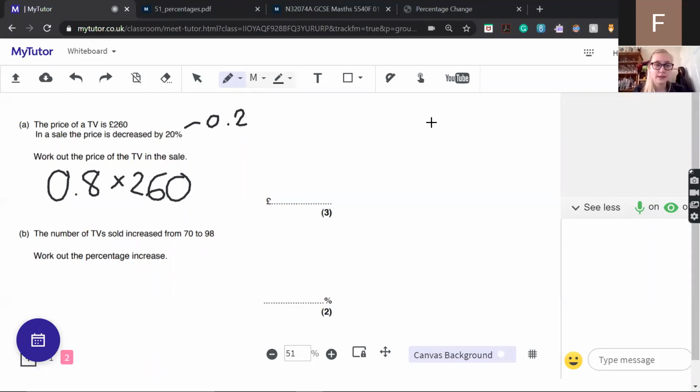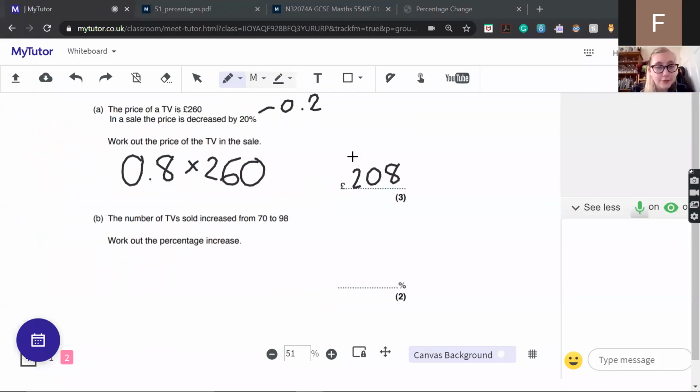And we will get 208, which I think a lot of you were getting, which is really good. Okay, so hopefully that makes sense. That's just what we were doing before, and hopefully it makes sense with the multiplier as well, because this is a really nice, quick way of doing it in one line, which can save you a lot of time.